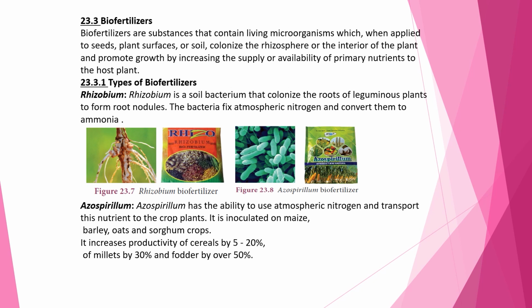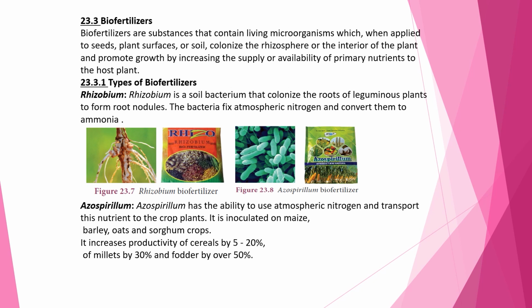Usually Rhizobium goes with the leguminous plant, and Azospirillum with these crop plants. So how can you differentiate? Rhizobium is for dicot plants and Azospirillum for monocot plants. That is why you have to create a question.